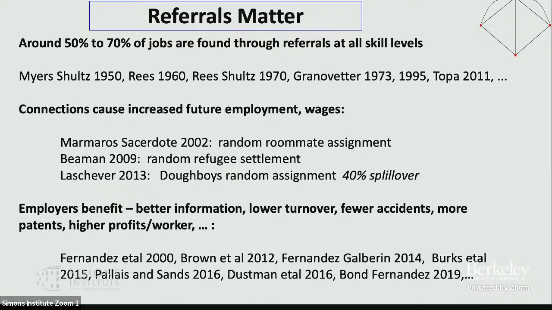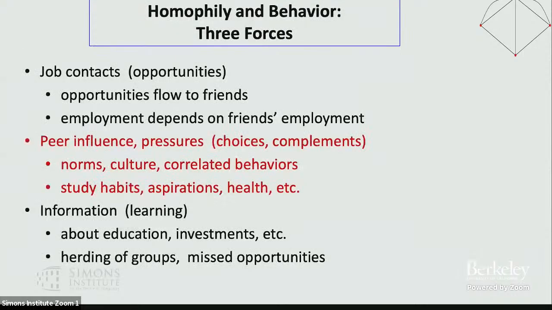Random refugee resettlement into areas with existing populations that have better outcomes ends up producing better outcomes. There's studies of random assignments to military units, and then your future friends' employment predicts a fairly large spillover in your probability of ending up employed. So there's a lot of evidence that this matters.